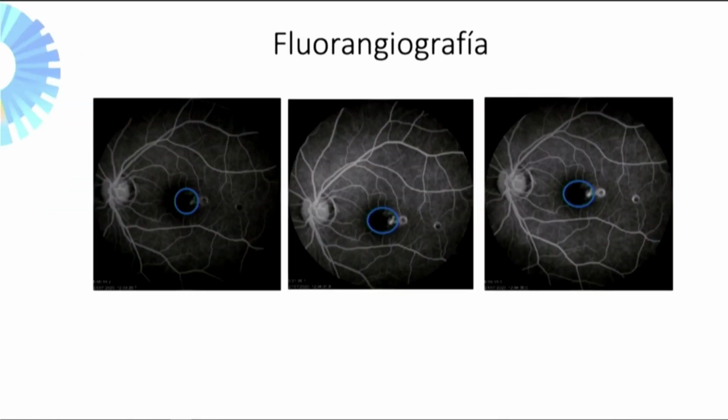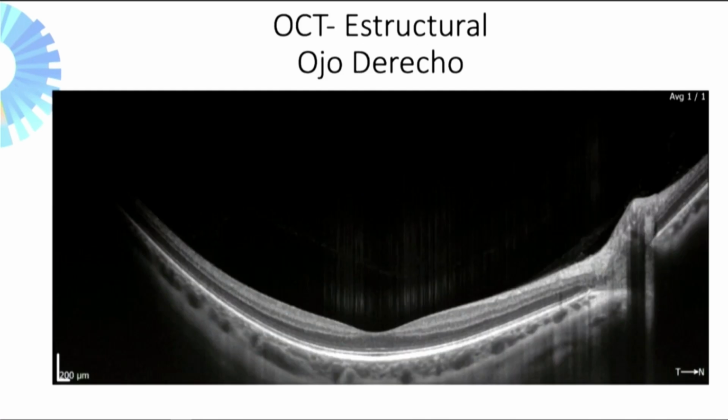We ordered an FAG, and filling times were preserved, and we started seeing that early on she shows hyperfluorescence that increases as phases go by, and we see these zones of whitish yellowish lesions with a hyperfluorescent halo because of RPE atrophy, chorioretinal atrophy and subretinal fibrosis.